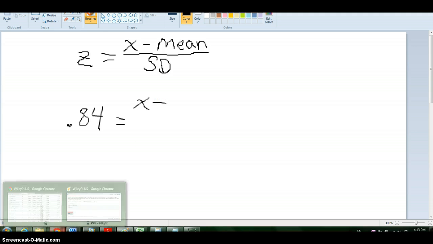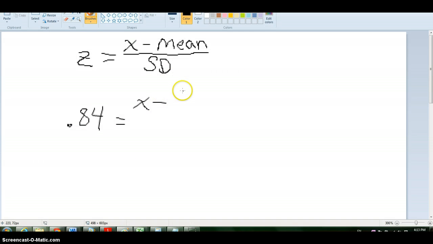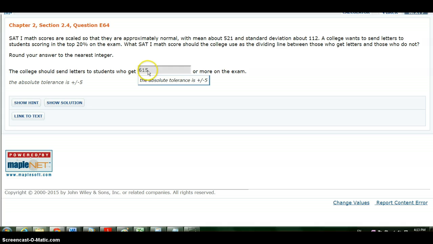And then our mean is 521 and a standard deviation 112. We're solving for x, so we'd multiply both sides by the 112, add 521, and that should give us roughly 615. There is a nice healthy tolerance on that one.